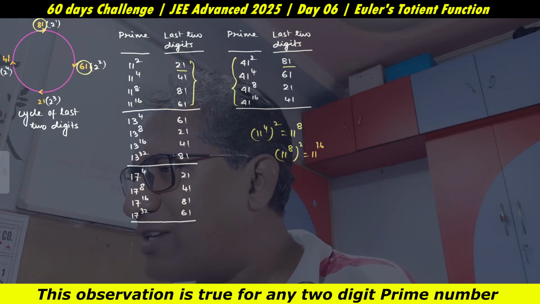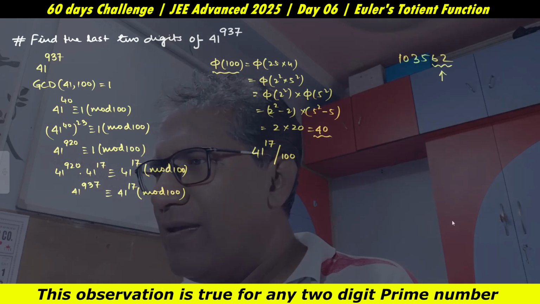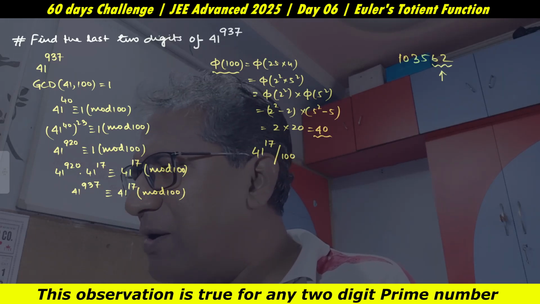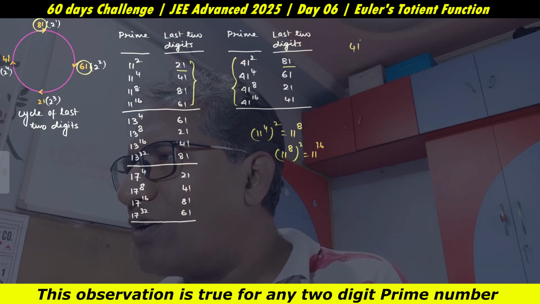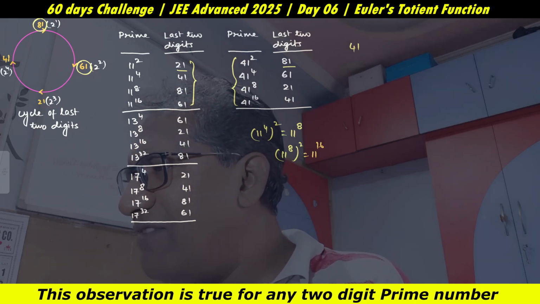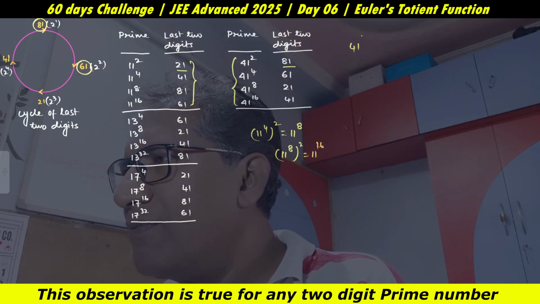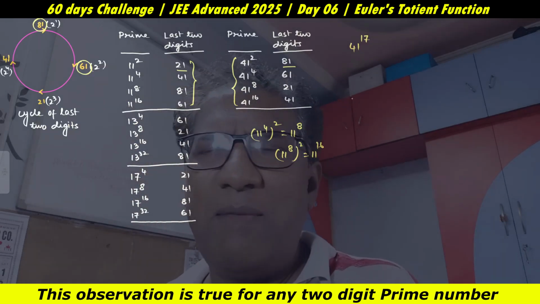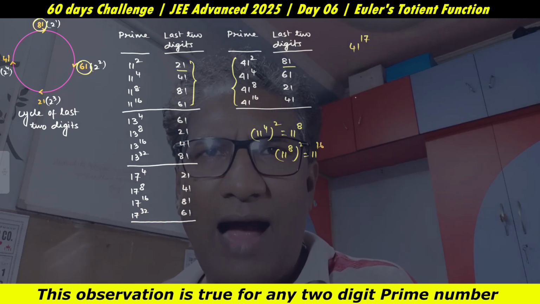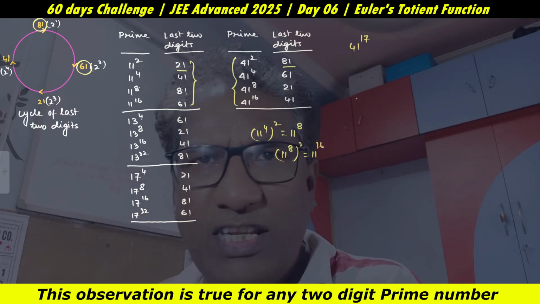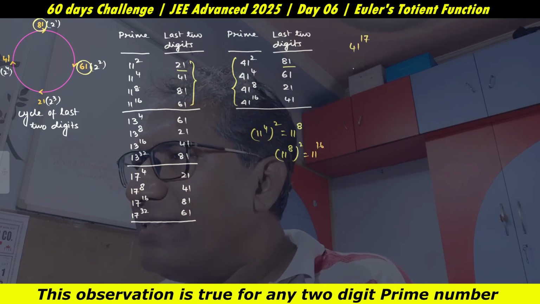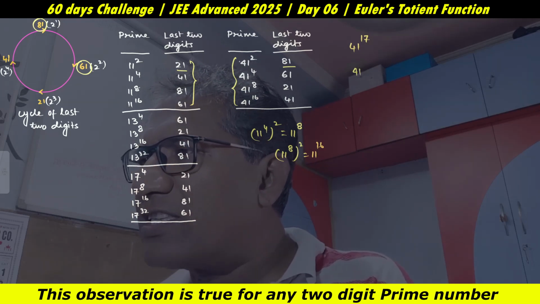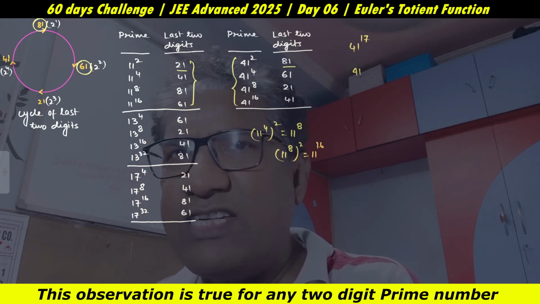Now let us come back to our problem. We are concerned about 41 to the power 17, right? I have to find the remainder when it is divided by 100. That is the last 2 digits we are interested in. Now, we all know that 41 square is 81.